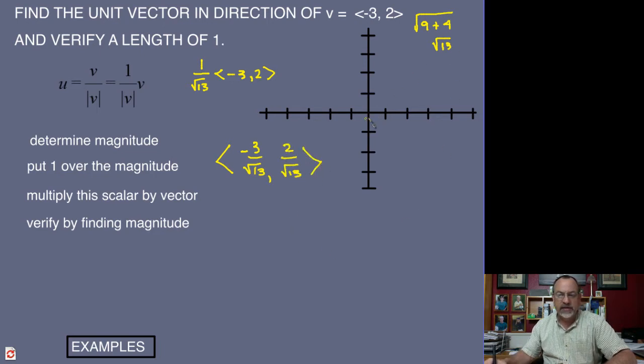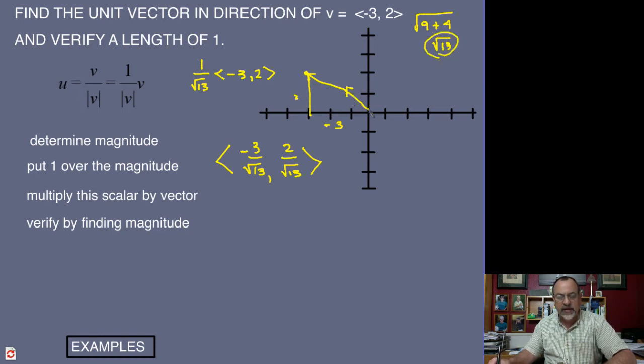Now what I've done is I've taken the vector -3, 2, that would be this vector right here. Sorry, I know that's not a straight line. This is -3 and this is 2. And I've shrunk this down so that this length is now 1, because the length of this is the square root of 13.